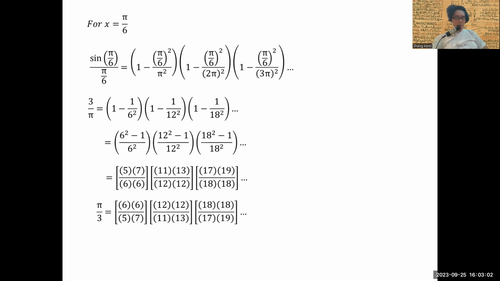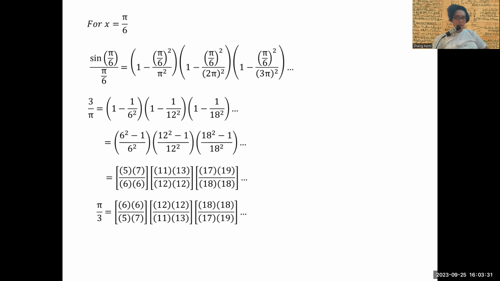So in other words, today we looked at 3 more Wallis products, on top of the 4th one that we talked about in the previous video. These are the respective values of x on the horizontal axis touching the curve of sin x over x, and we are getting the respective outcomes for the functions.